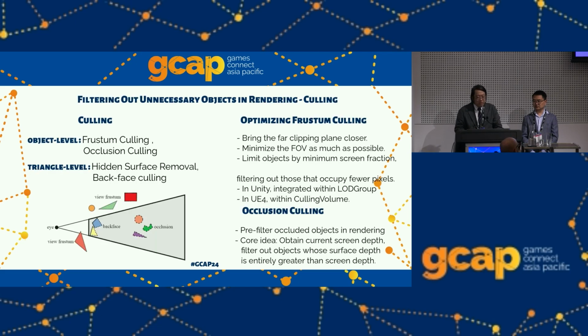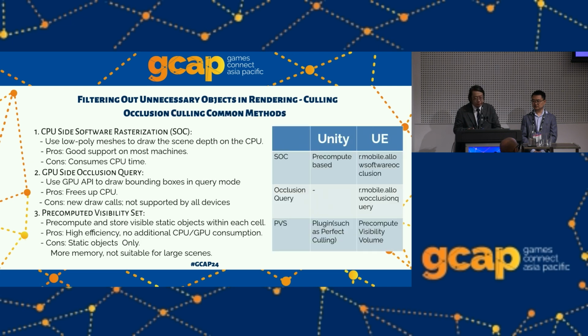We need to eliminate the invisible objects and triangles to reduce unnecessary GPU computations while ensuring minimal changes in the visual output. This process is called culling. At the object level, culling can involve frustum culling, which removes objects outside the field of view or too small, and occlusion culling, which removes objects occluded by others.